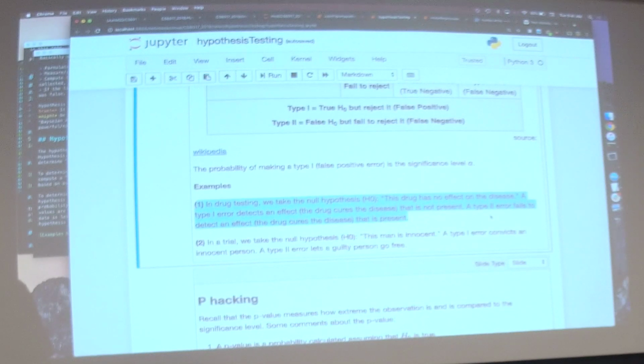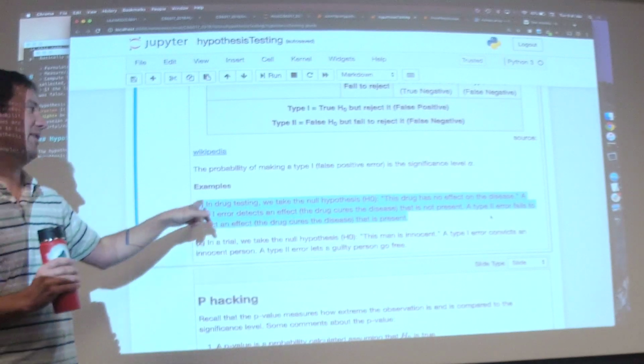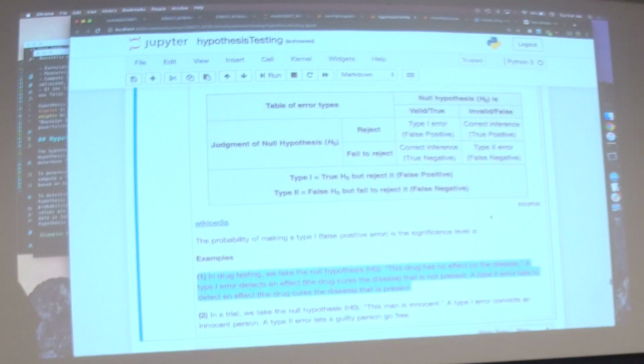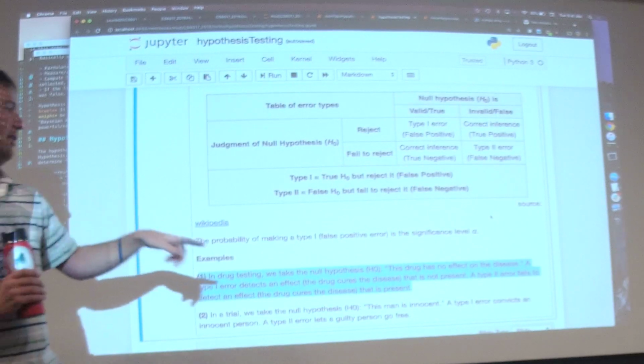If you conclude that that null hypothesis is wrong, when in fact it is true, you're basically marketing a placebo, right? We would call that a false positive. We're saying there's an effect when there isn't.